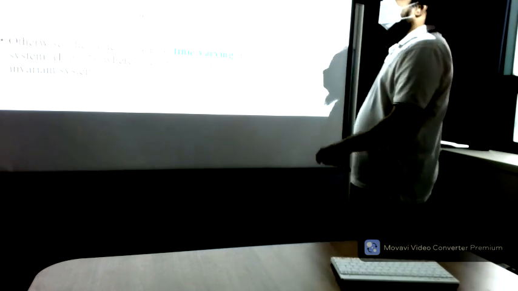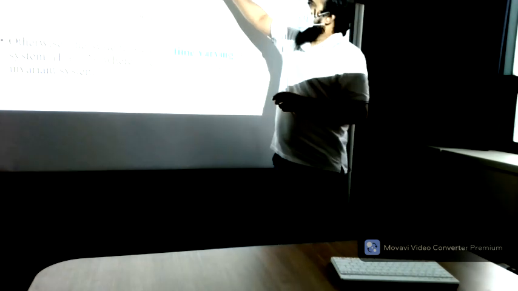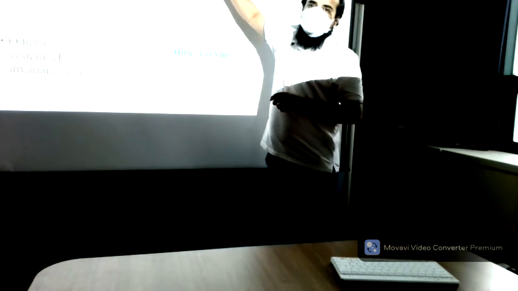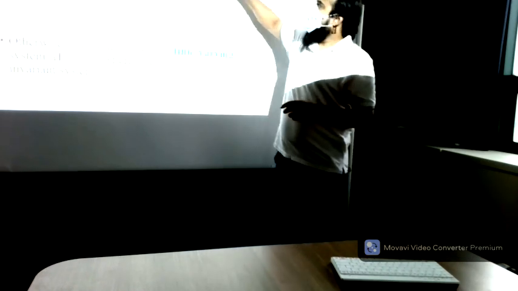Now the time invariant versus time varying. In a time invariant system, an arbitrary time shift of the input produces exactly the same time shift of the output. Suppose t minus tau is the time shift in the input. Then the output should be shifted by the same time.